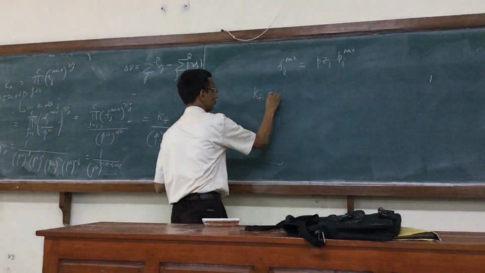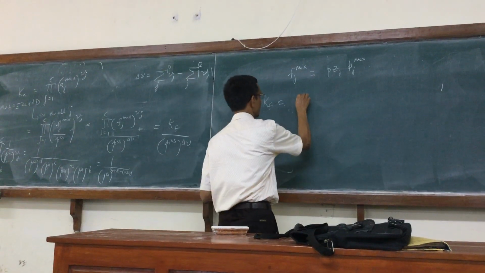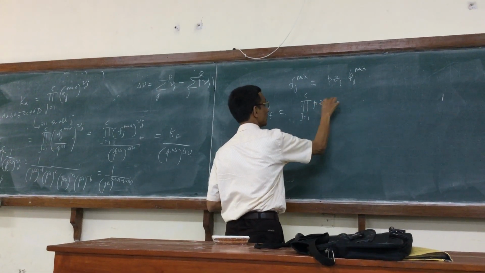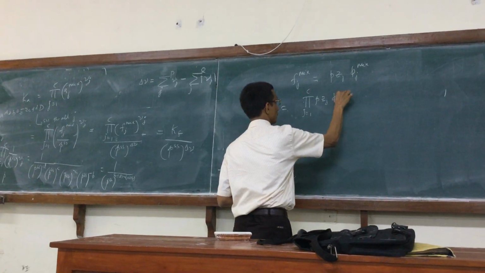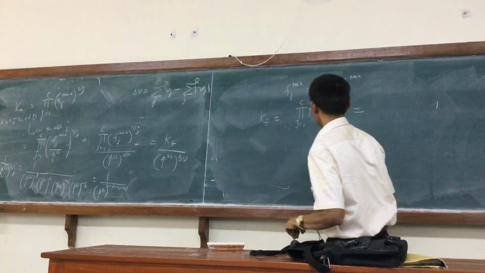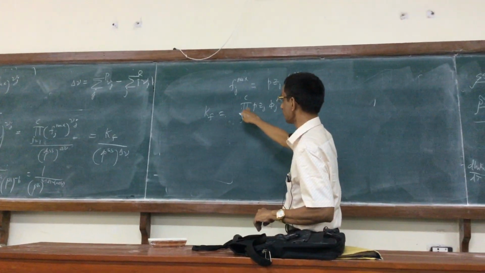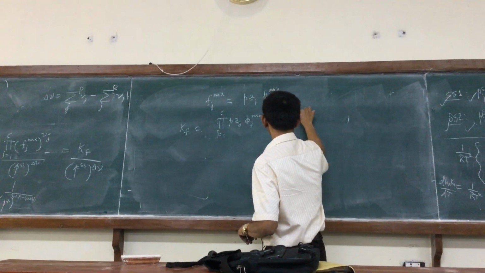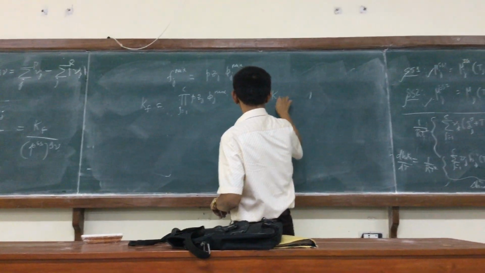Right? So then what will Kf be? Kf would be the product over j equal to 1 to C of P zj phi j mix, right? Which now can be written as, we have already seen what P phi would be. It is going to be P to the power delta mu times Kp.